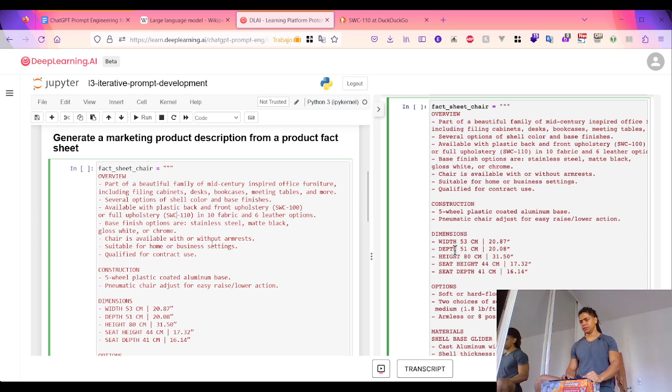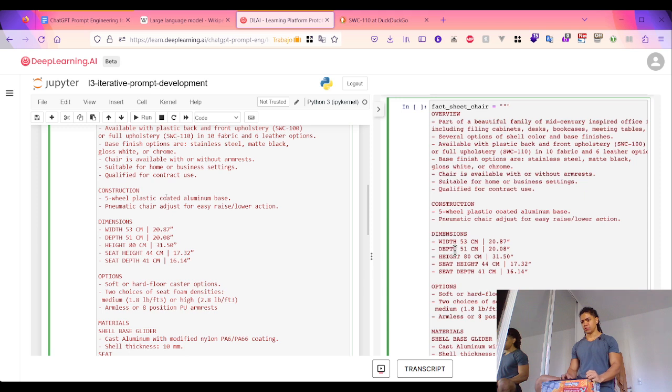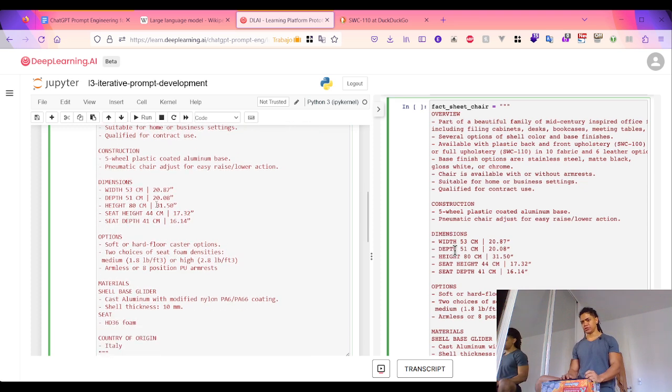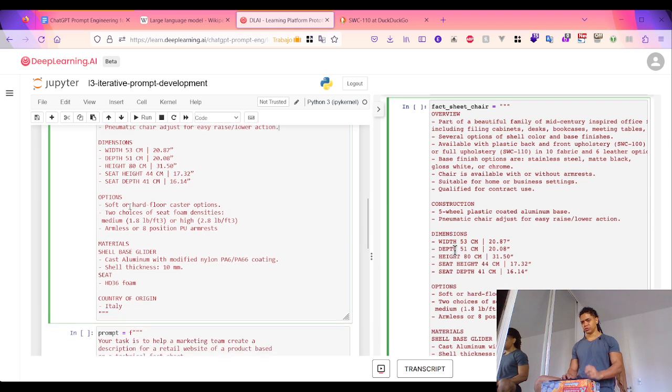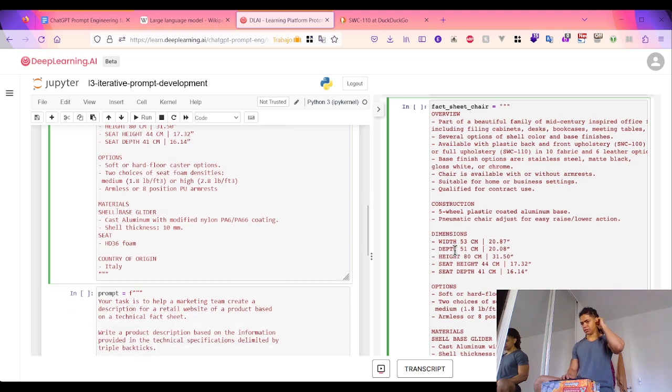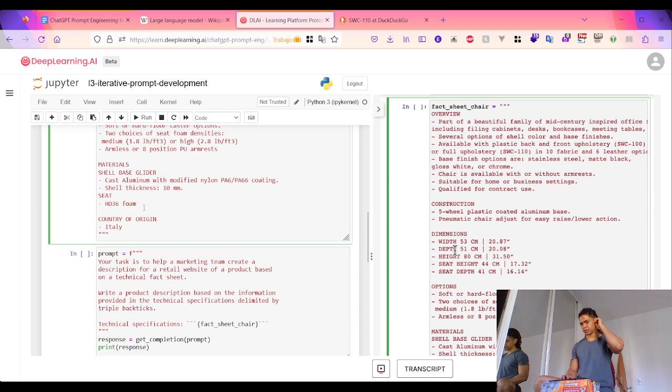Suitable for home or business setting. Qualified for contract use. Constructions: 5-wheel plastic coated aluminum base. Pneumatic chair adjusts for easy raise lower action. Dimensions. Options: soft or hard floor caster options. Materials. Country of origin.